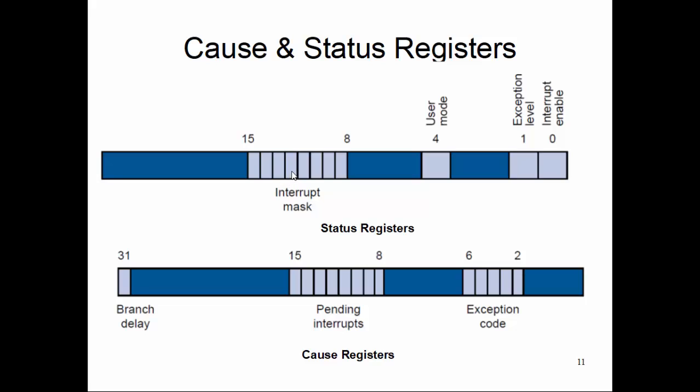Devices corresponding to the higher bits can still interrupt the machine while an interrupt service routine is being executed for the device corresponding to bit 11. But the devices corresponding to the lower bits, from bit 11, 10, 9, 8, can no longer interrupt.